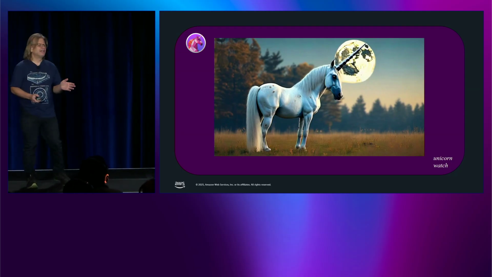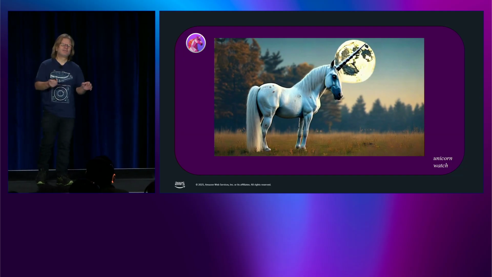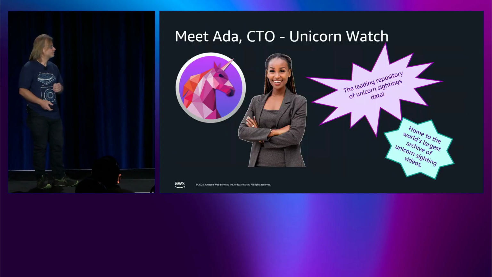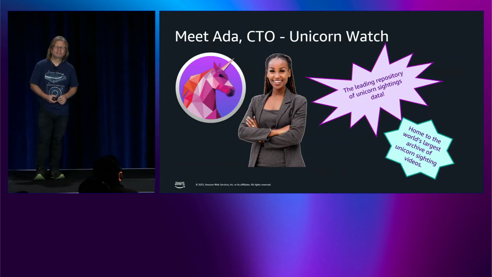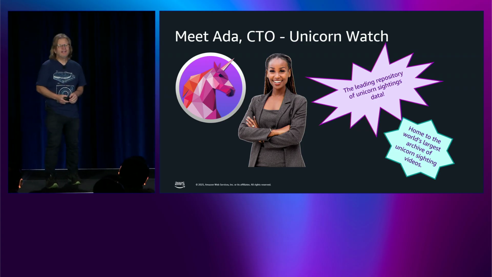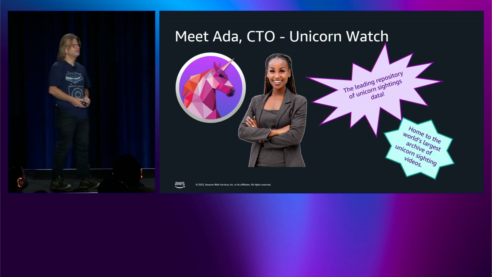And the reason I'm mentioning this is because I'd like to take you through a journey that one of my favorite customers recently went through with advanced deployments. Meet Ada, CTO of Unicorn Watch. So Unicorn Watch is the world's leading repository of unicorn sightings data, the go-to place for unicorn research.